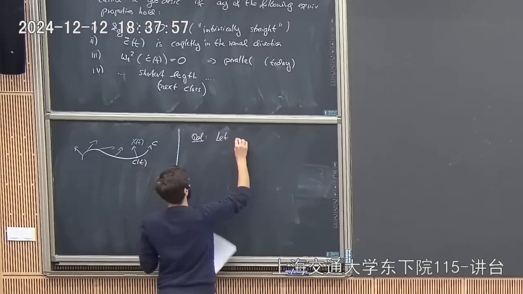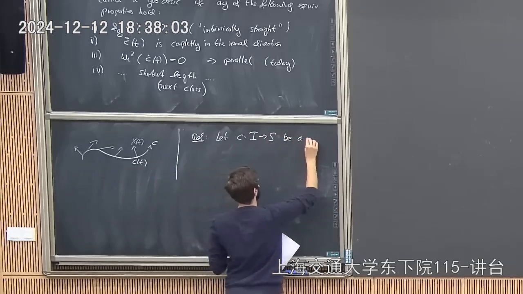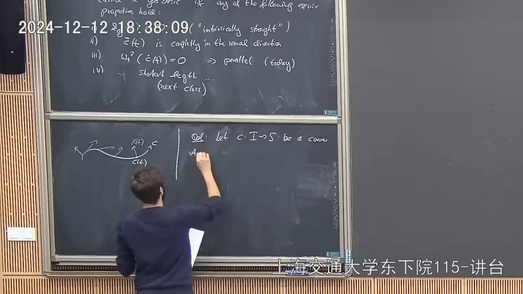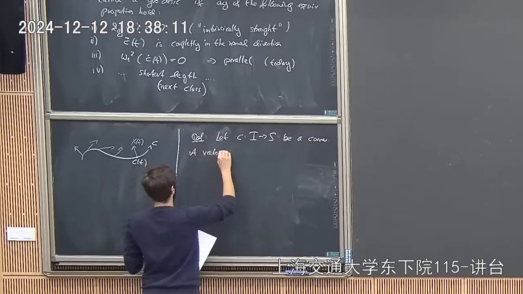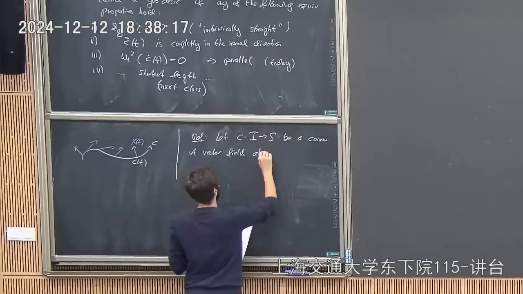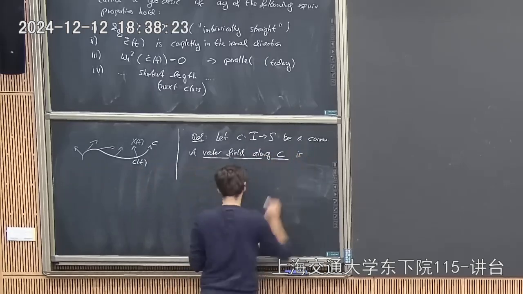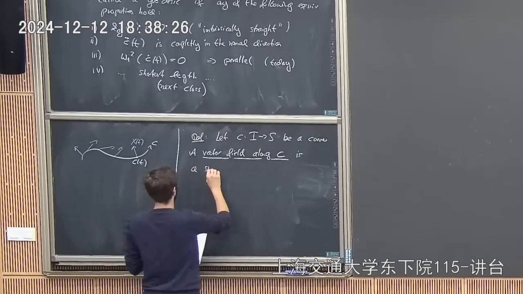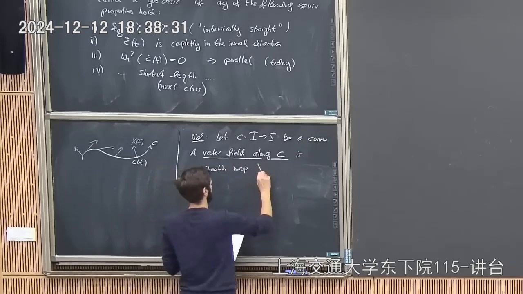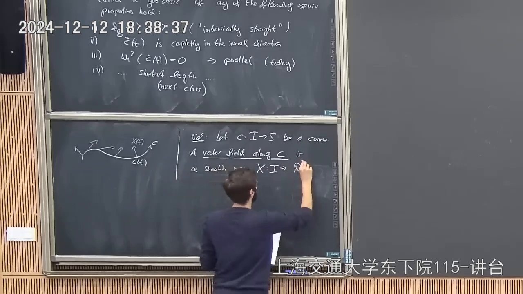So let C be a curve, like a nice smooth curve. Then a vector field along C is a smooth map, which is usually denoted by x, also from the same interval into vectors.